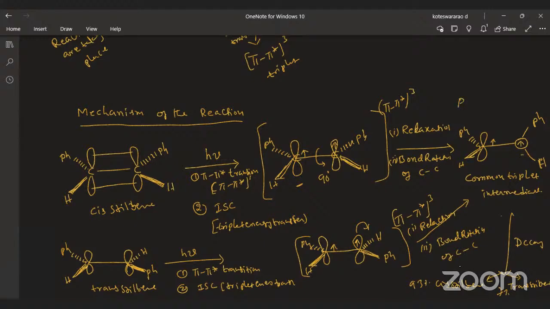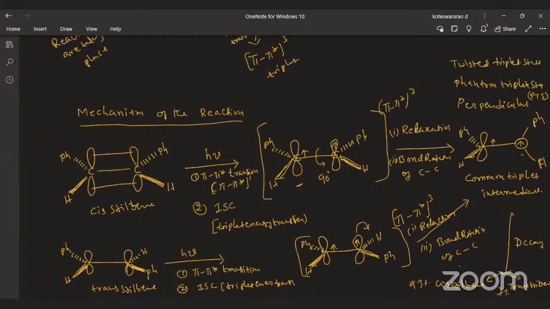This is called the perpendicular, or also called the phantom triplet state. That is called the PTS shortcut. PTS or twisted triplet state. This is called the twisted triplet state.